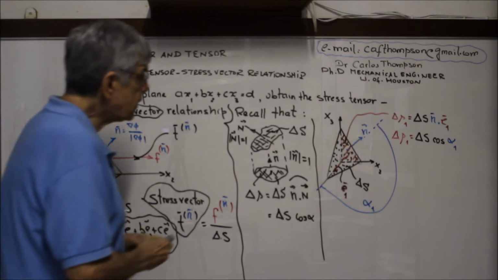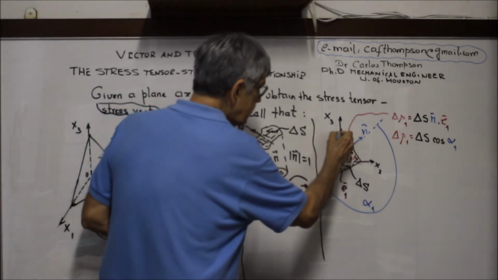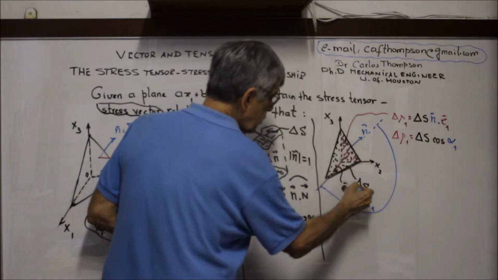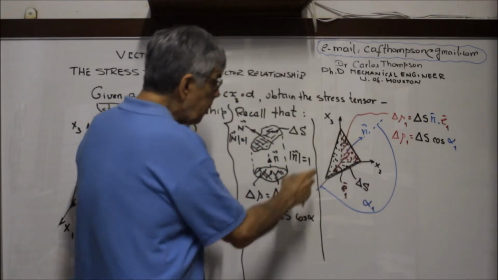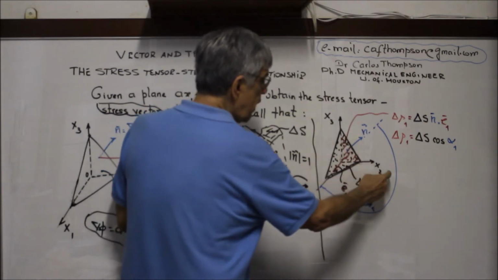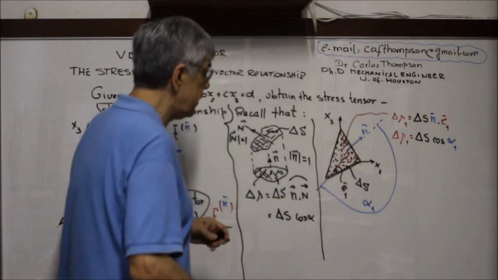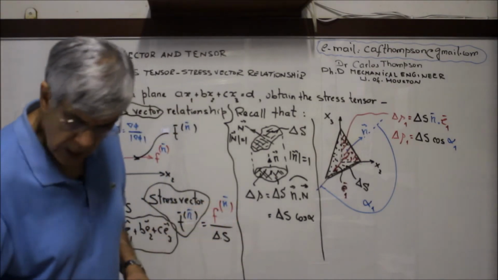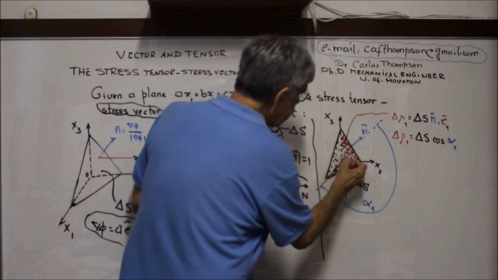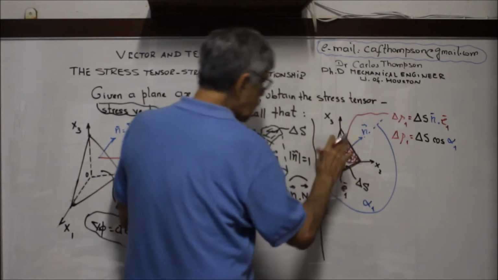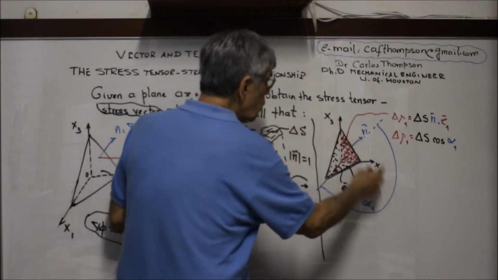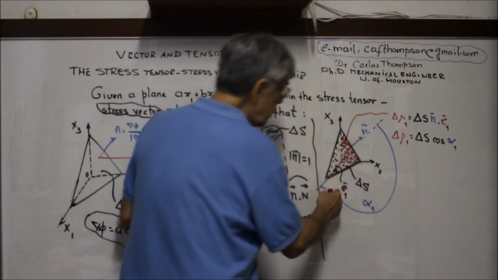Now, this is capital delta S over here. I will project this area onto the x2, x3 plane, which I do like this. This is this plane over here. The normal to the x2, x3 plane is E1.